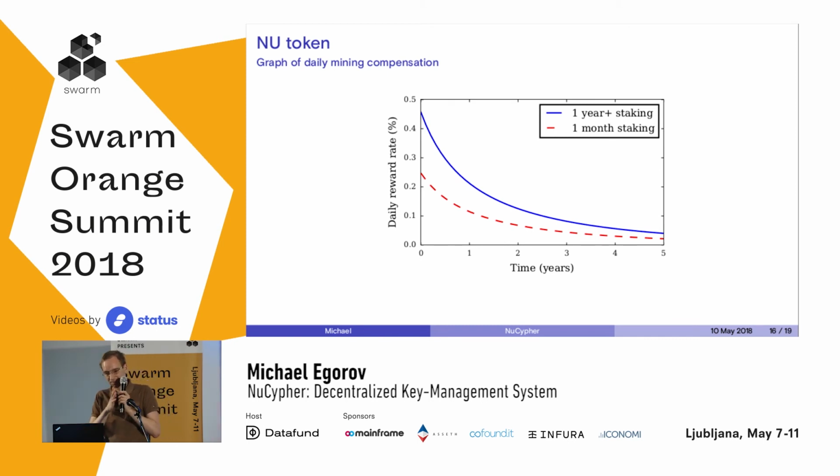If the access grant time is more than the amount you commit for staking, then you cannot process it. The current thought is that 1 year of staking is probably 2 times the rewards of short-time staking.